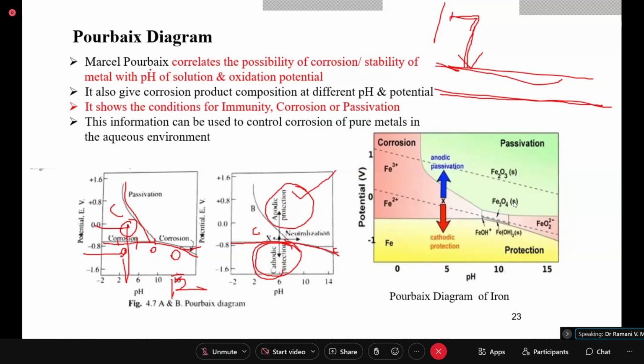So Marcel Pourbaix correlates the possibility of corrosion, stability of metal with pH of solution and oxidation potential. It also gives corrosion product composition at different pH and potential. It shows the condition of immunity, corrosion, and passivation. This information can be used to control corrosion of pure metals in the aqueous environment.